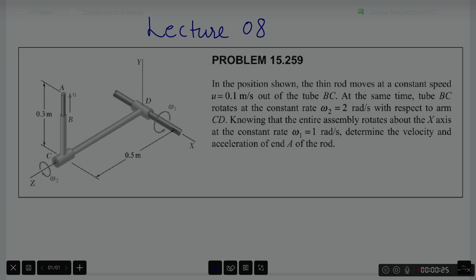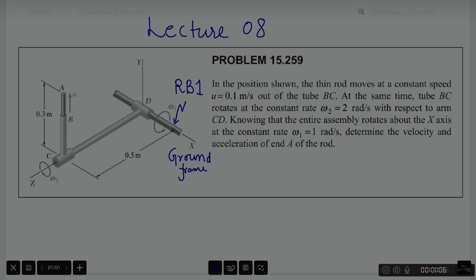In this problem, we have an assembly of several rigid bodies. If I identify these rigid bodies, this is what I call rigid body 1. In the background, indeed, there is this ground frame also, which can be considered to be a rigid body on its own.